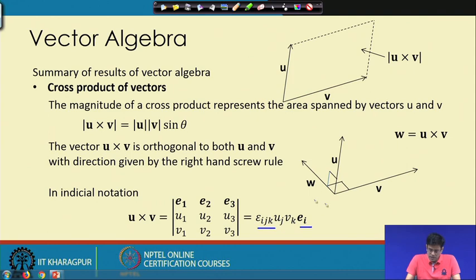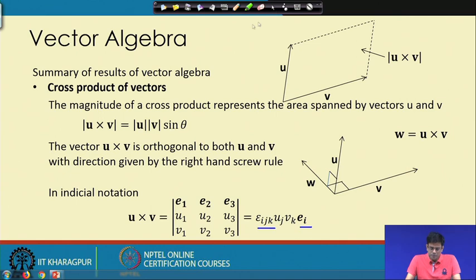This also we have seen in the previous lecture, how to represent it in a compact form through the Levi-Civita symbol. The epsilon is a third order tensor which has 27 components, as we have seen. Among the 27 components, 3 components are +1, 3 components are -1 and the other components are 0, which we have seen in the last class.